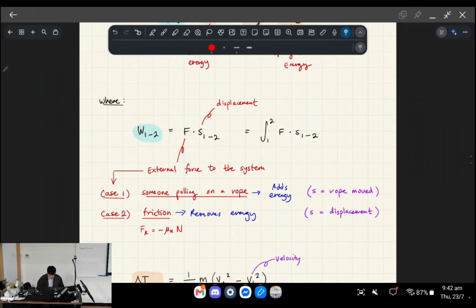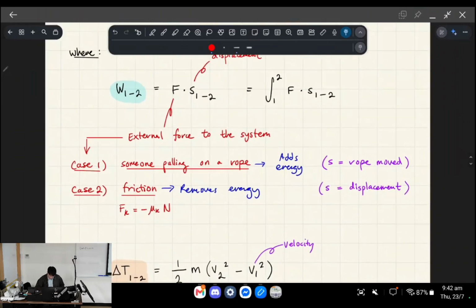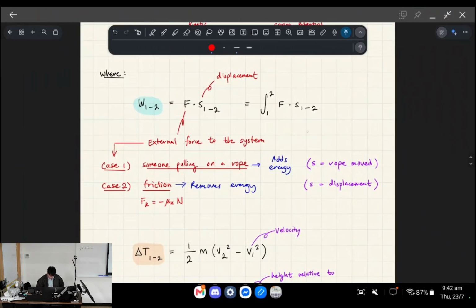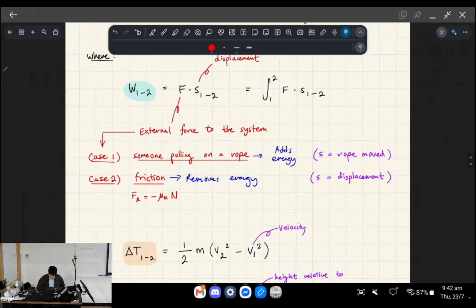So work has a formula, and it's the force multiplied by the change in displacement. I think there's a dx missing there. So this is the discrete version. This is the calculus version. Anyway, so F is representing the external force in the system. So this can kind of manifest in 2 ways.